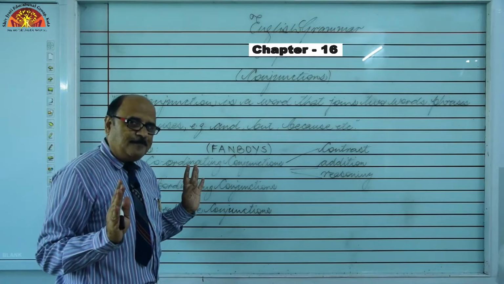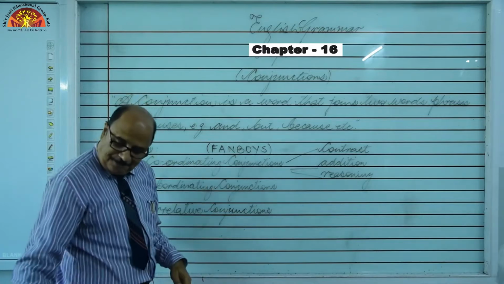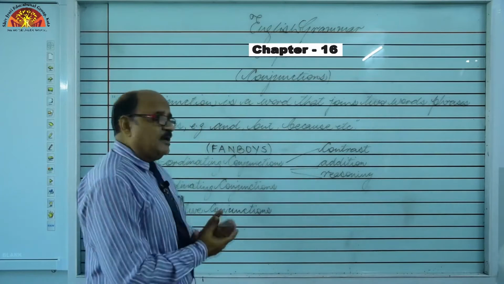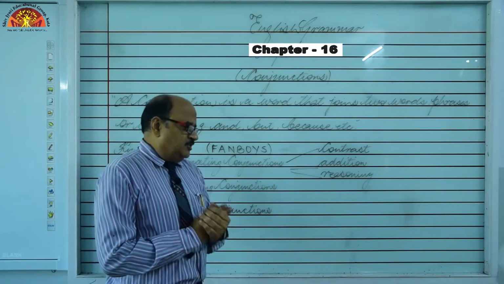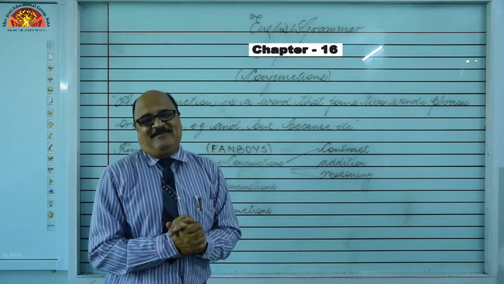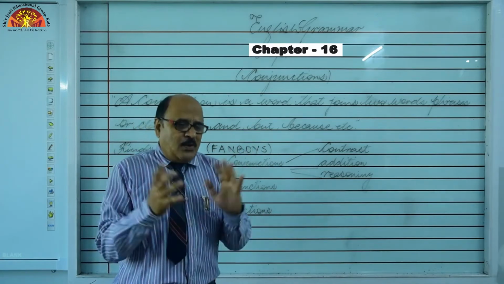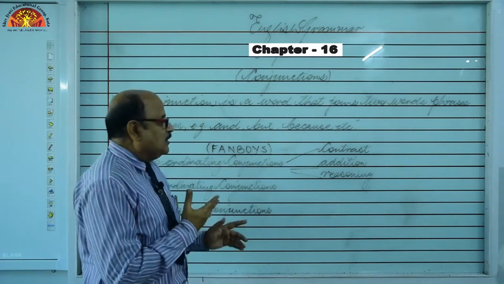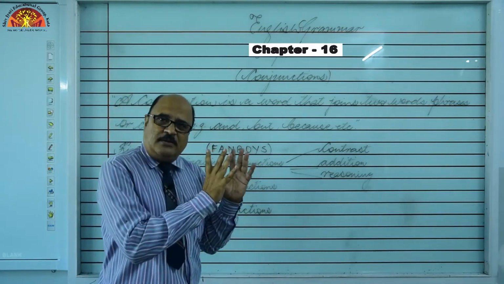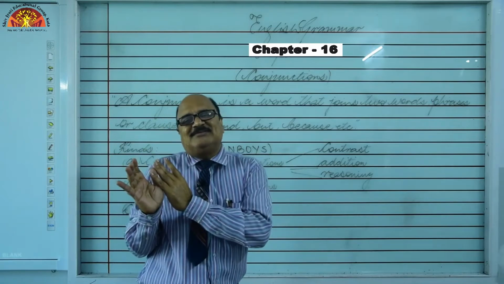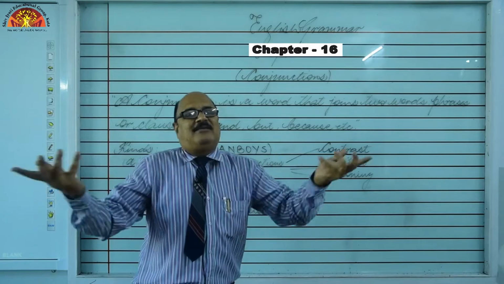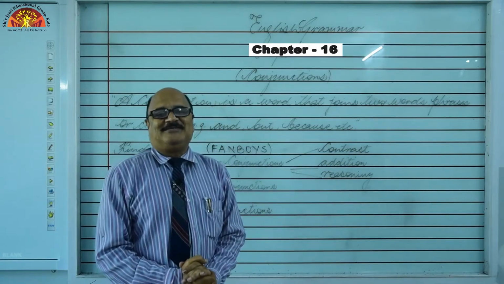One more thing about them: in coordinating conjunctions, two independent clauses are there, main clause and main clause, and we have to join them into one. That is coordinating conjunctions. Is that clear?